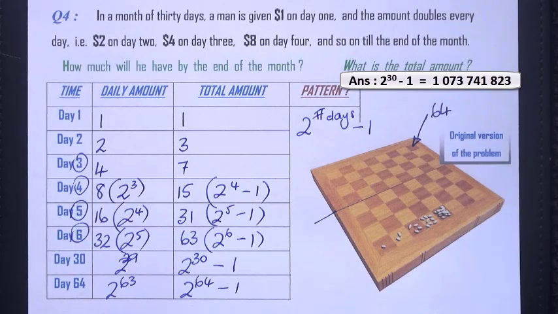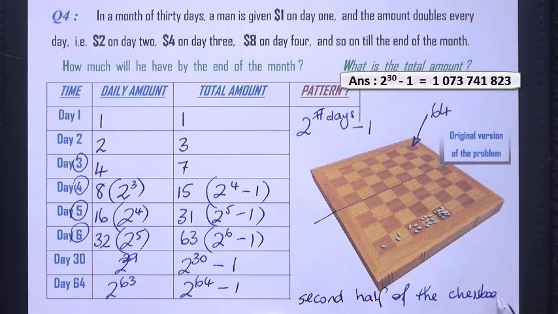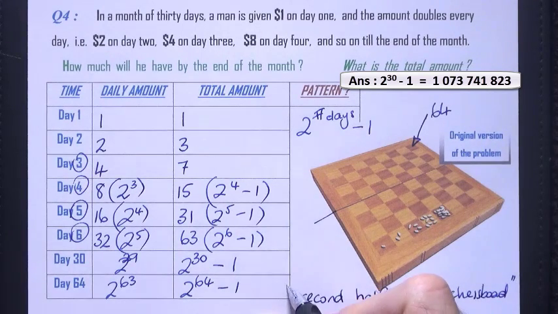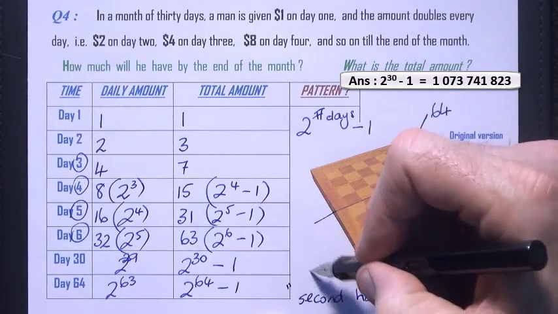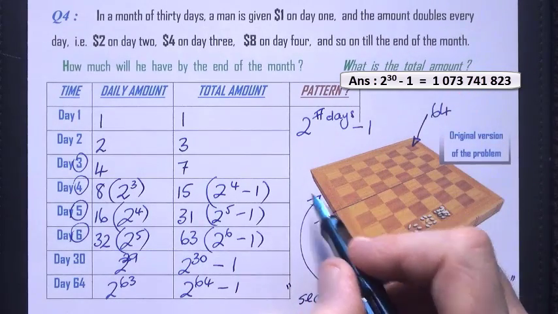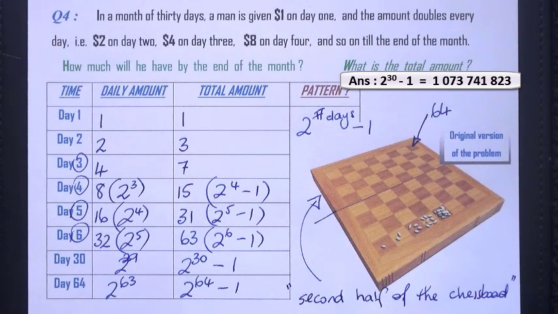And this has given rise to the expression, the second half of the chessboard. And I'll explain this now on the whiteboard.